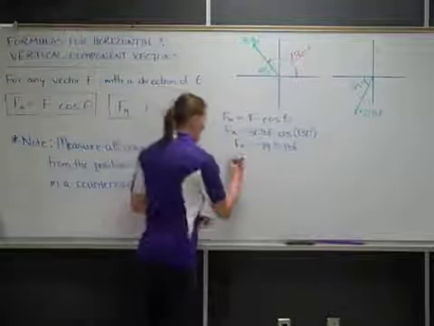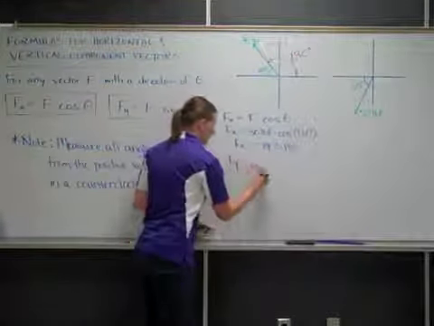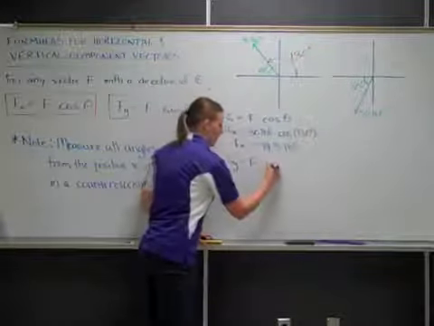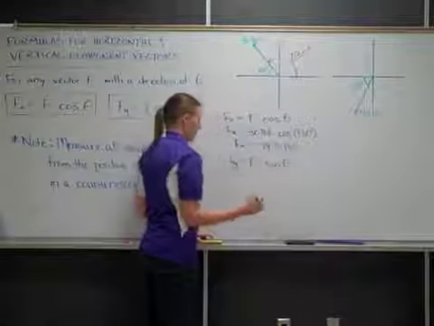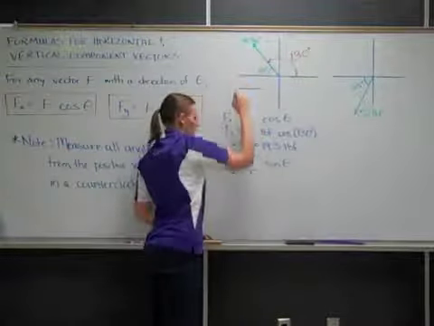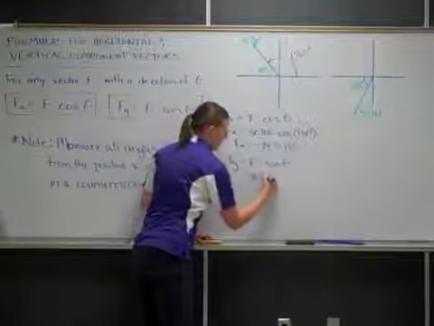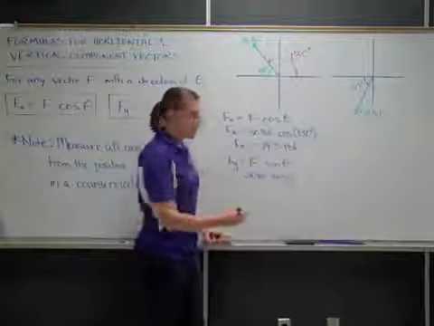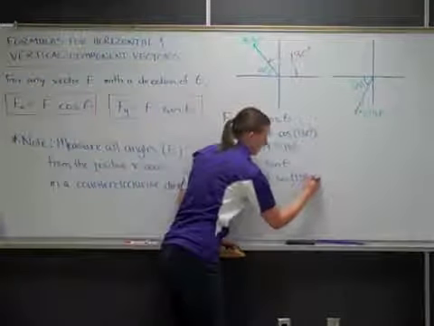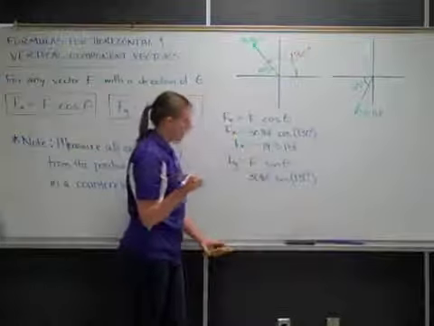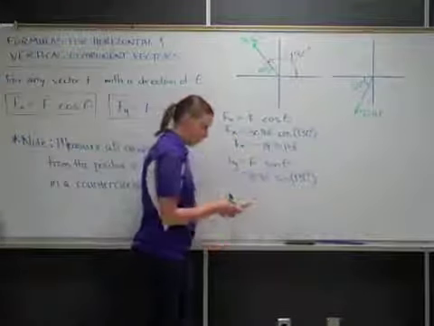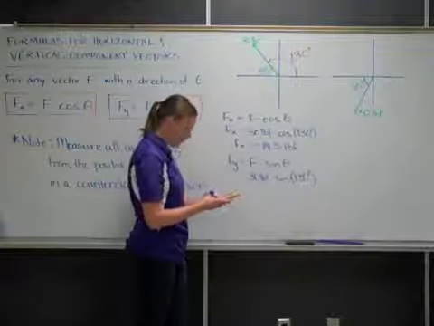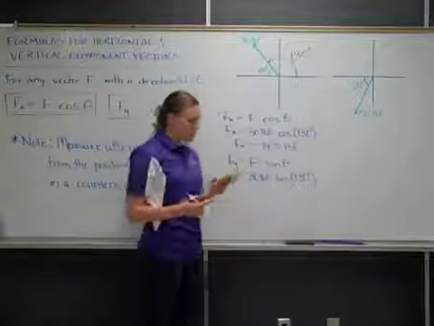Well, let's go ahead and do the y component vector as well. The force, or the component vector in the y direction, is the magnitude of the force times the sine of theta. Let's substitute in 30 again, just like last time: 30 pounds of force times the sine of 130 degrees, measuring from the positive x-axis. 30 times the sine of 130 is 22.98.